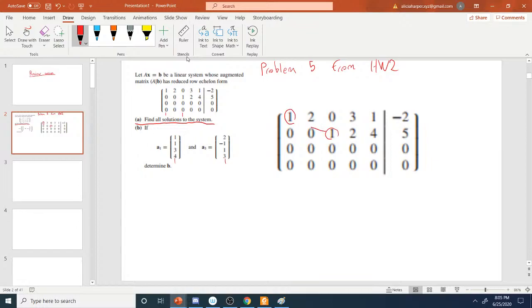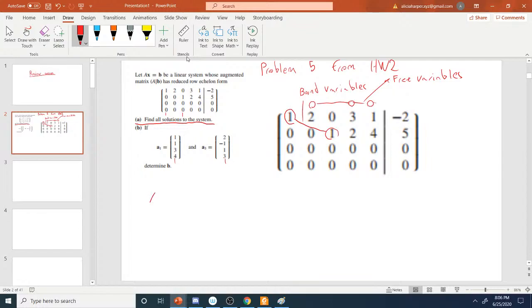So this and this correspond to bound variables. But this, and this all correspond to free variables. So here is what this means in practice.